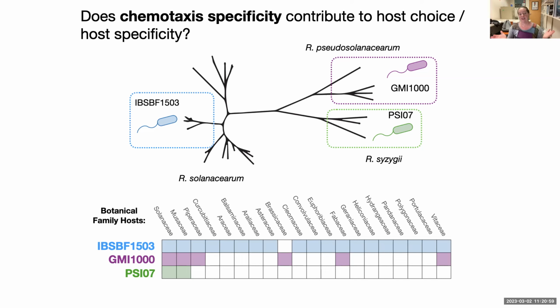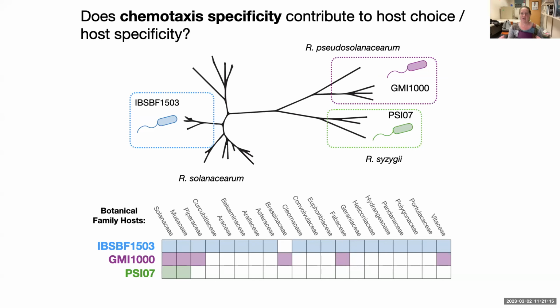Whereas GMI 1000, highlighted in purple, only affects a handful of these botanical host families. And then we have a strain highlighted in green, PSI 07, that only infects a couple of different families, solanaceous vegetables and bananas.